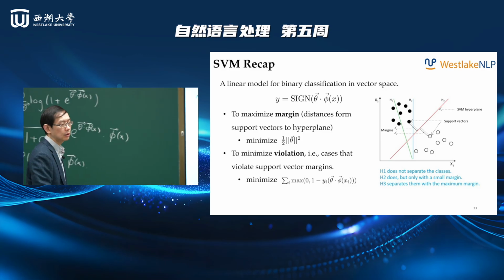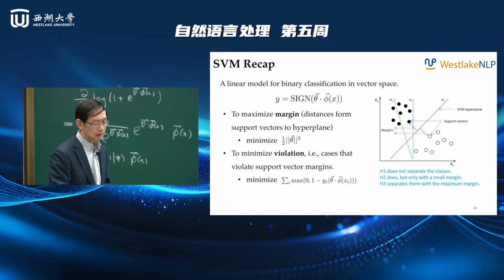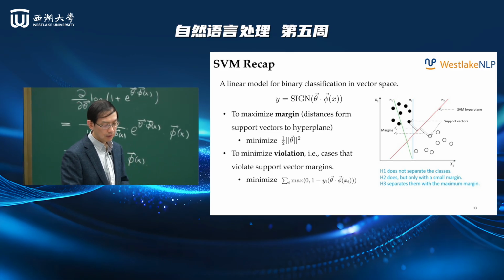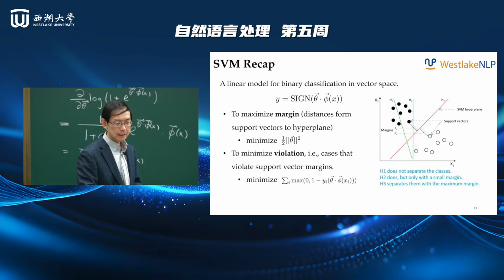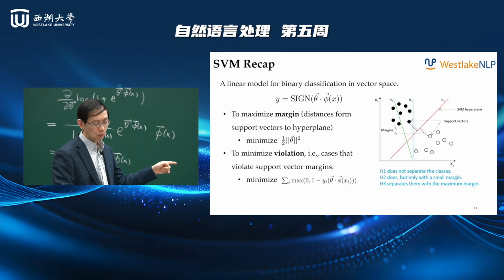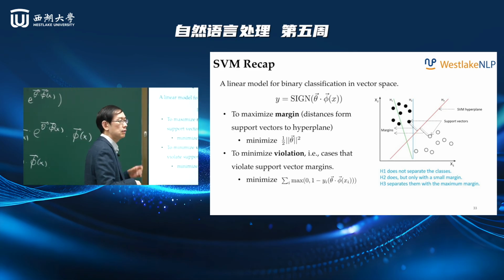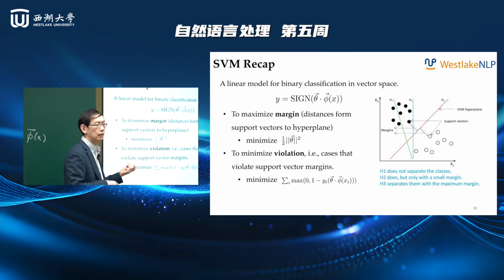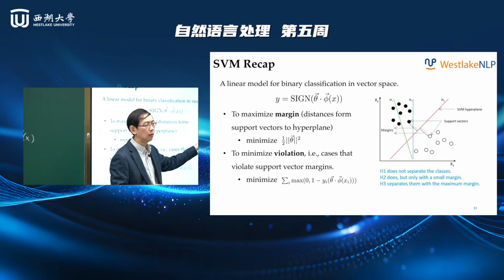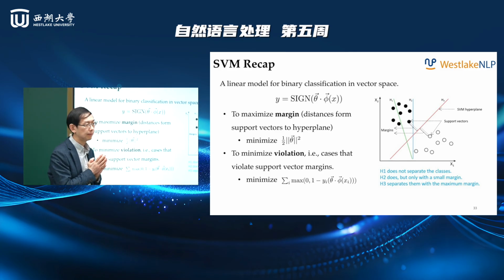But there was another term, which is the violation we discussed last week at the end of the class, right? So it's a sum of all instances, max of 0 and 1 minus y theta dot phi. If you remember, so if this theta dot phi, right, is always higher than 1 on the positive side and lower than -1 on the negative side, then there's no violation.